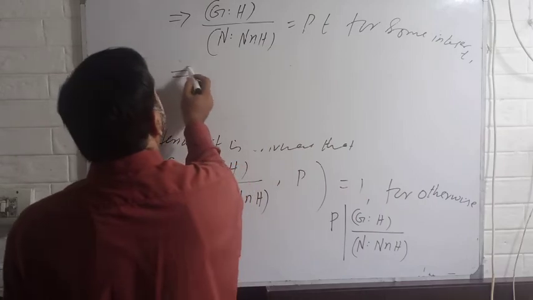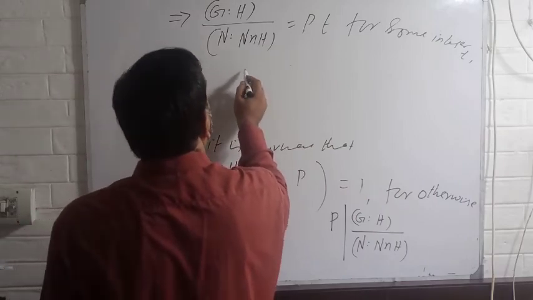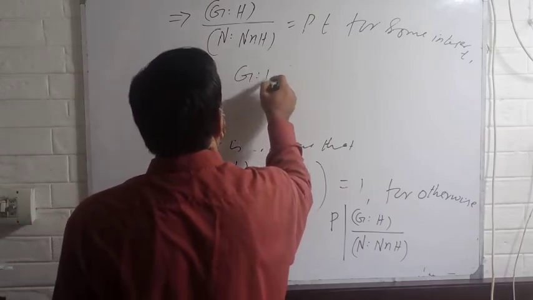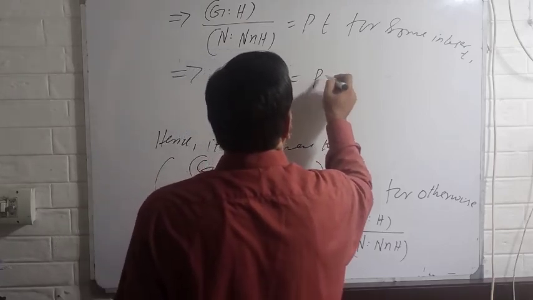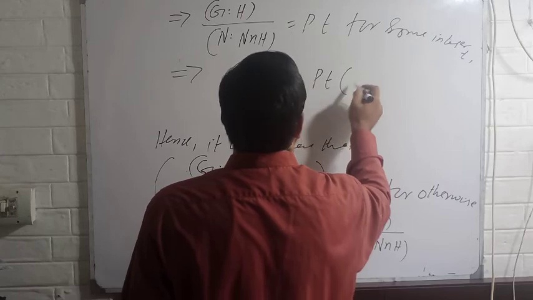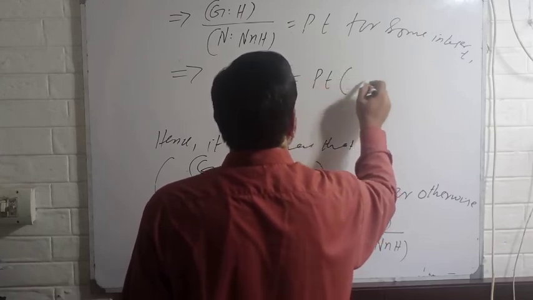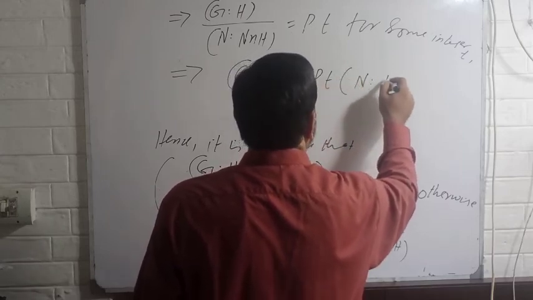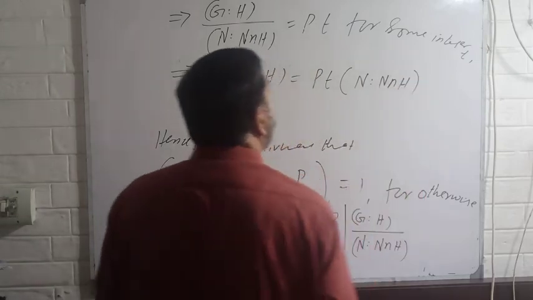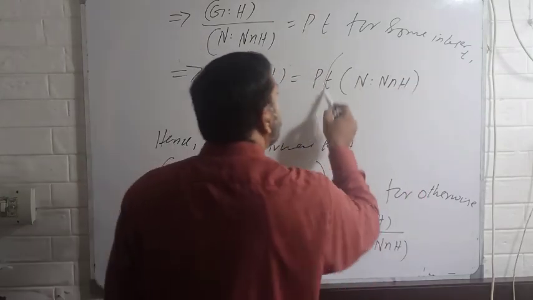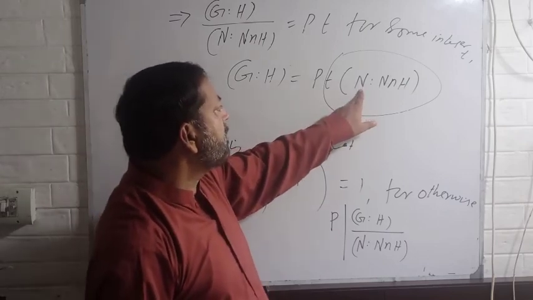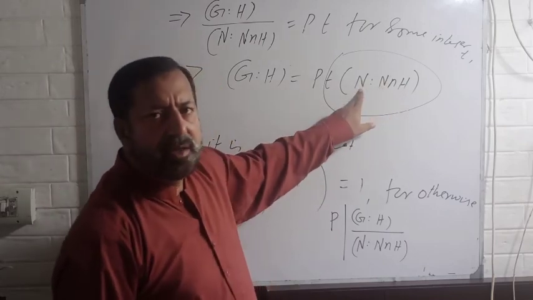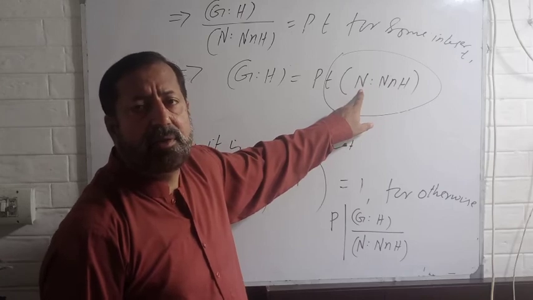So this means that index of G by H must be equal to Pt times index of N intersection H in N. Now look, you can treat this as an integer because index of N intersection H in N is an integer, right, by Lagrange theorem.